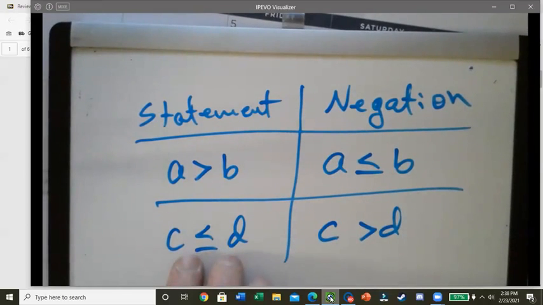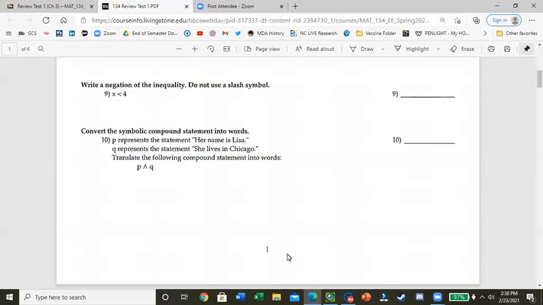Here we have less than or equal to, so in the negation you flip the inequality, and then you do not have the equal sign. So either you have the inequality or you don't, either the statement or the inequality. So when you're saying x is less than 4, then the negation would be x is greater than or equal to 4.